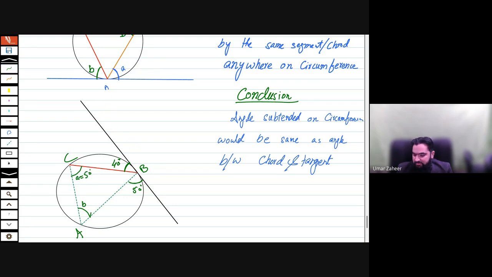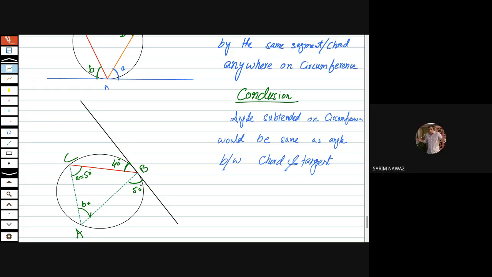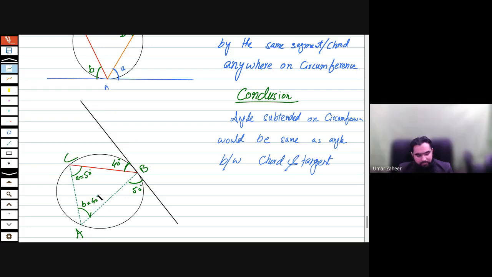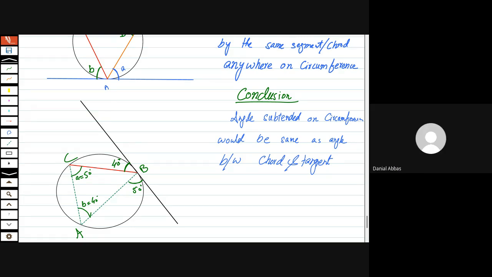And yes, so angle B will be, yes, what is it, 40 degrees, because this is the angle between the tangent and the chord BC, and this is the same subtended angle on the circumference. Yes, it is clear.